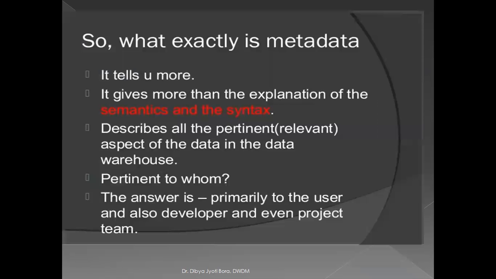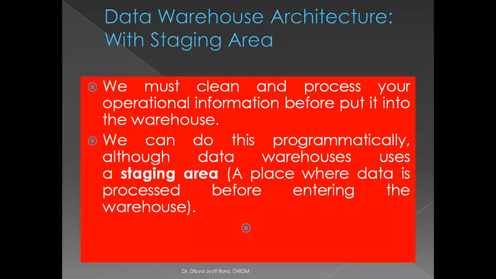Now, what happens in the case of data warehouse architecture with staging area? We are going to insert one such layer in between them. The reason is that we have to clean and process the operational information before directly putting it into the data warehouse.